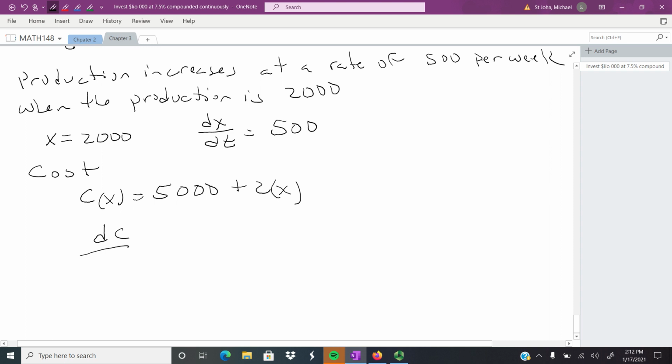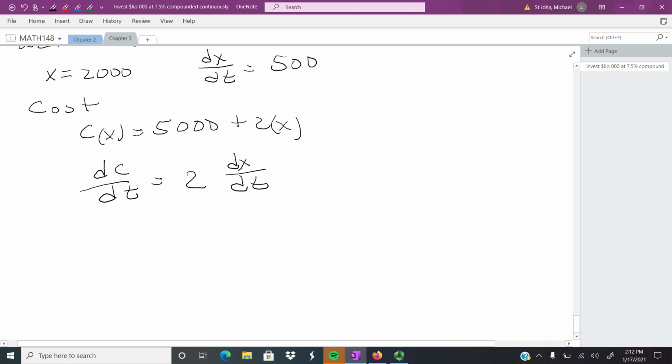So dC/dt is going to equal 2 times dx/dt. And so this is going to be 2 times our rate of change, which is 500. And so this is going to be $1,000 per week.